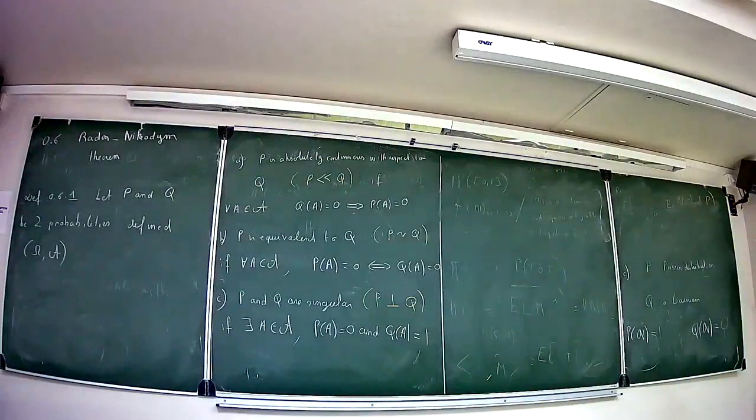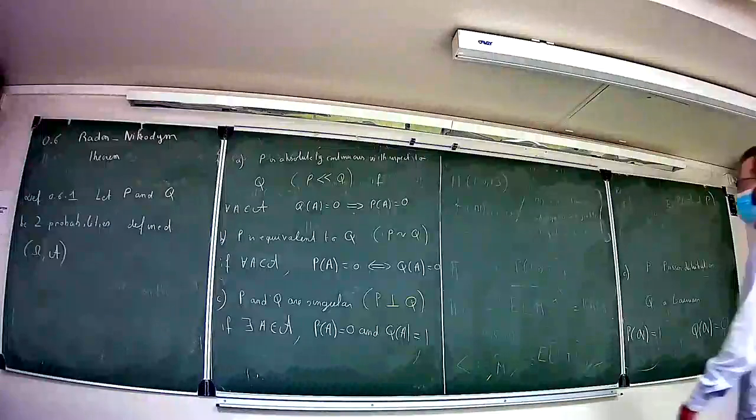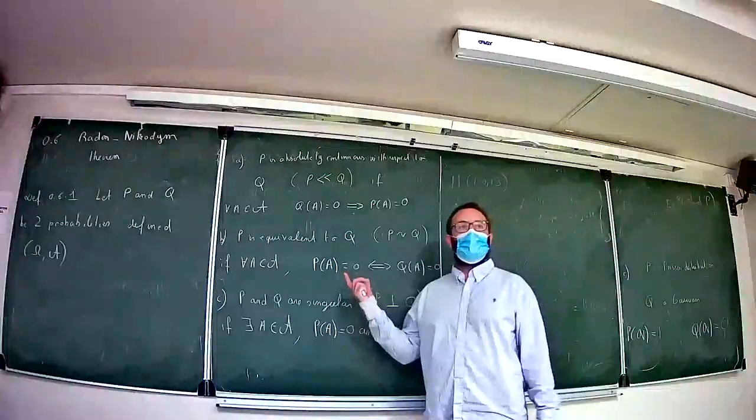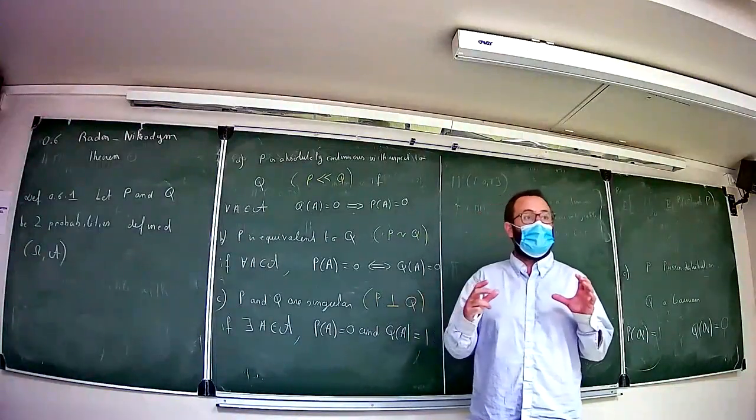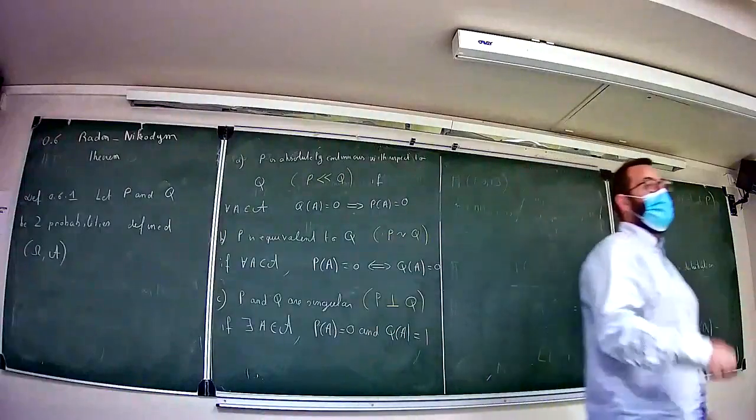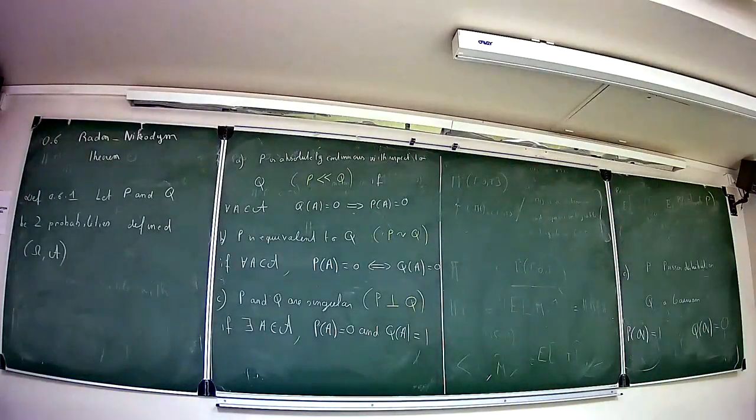No, because the support of the Gaussian is all of R, while the density of the exponential is 0 for strictly negative values. To find a set with probability 0 for the exponential, you just take an interval included in R minus, which will have a strictly positive probability for the Gaussian.